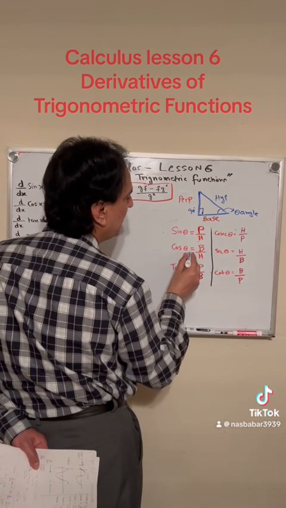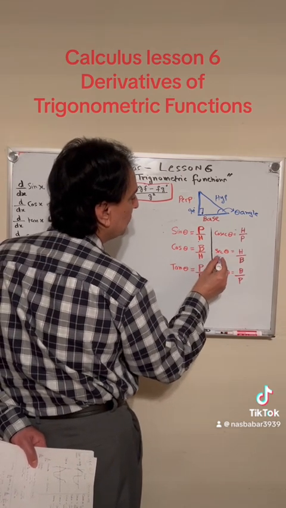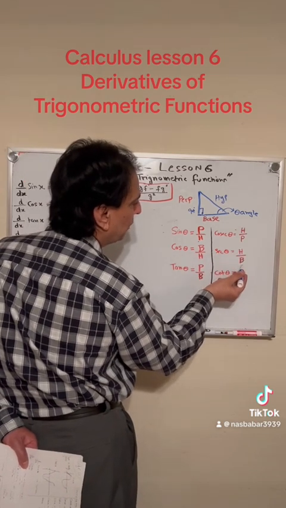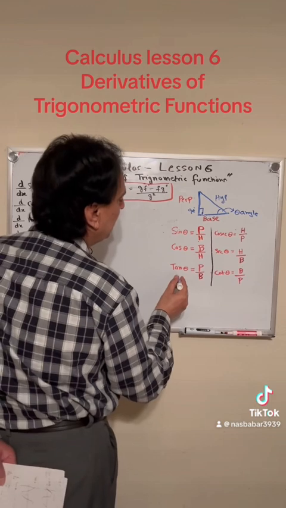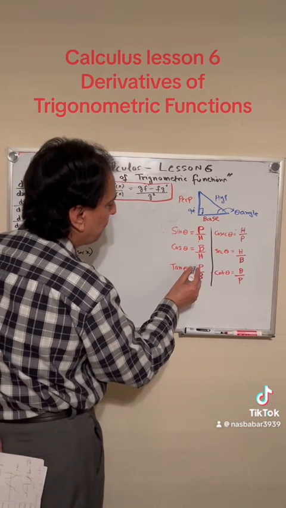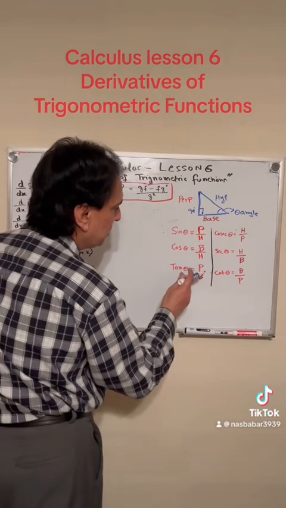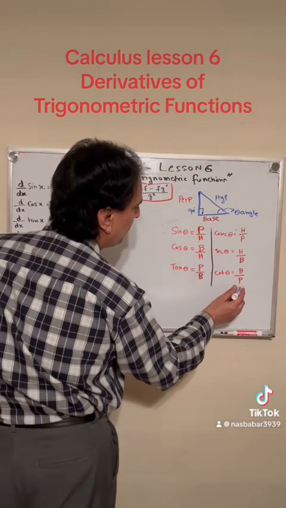Similarly, cosine has base over hypotenuse, and secant, which is the opposite of cosine, has hypotenuse over base. And lastly, in tangent, we have perpendicular over base. The opposite of tangent is cotangent, and we have base over perpendicular.